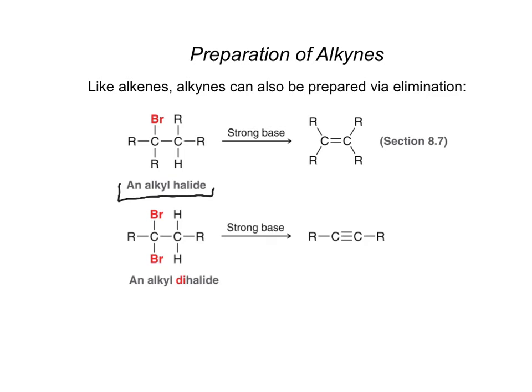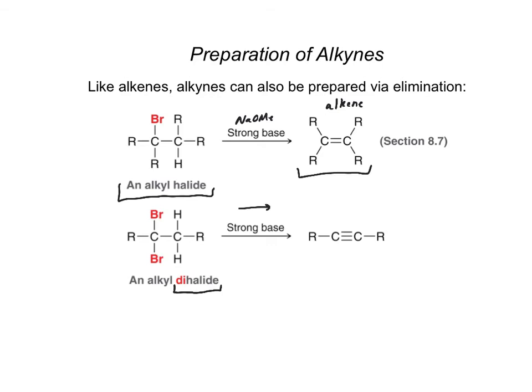That guy in the presence of a strong base, so the strong base was anything like NaOMe, was going to produce our alkene. So now we're going to see the exact same thing to produce an alkyne, except now we need two halogens on the molecule. So we have to start with a dihalide, and there are going to be two forms of this. This guy's then going to undergo two subsequent eliminations, right? So the first elimination would produce the alkene.